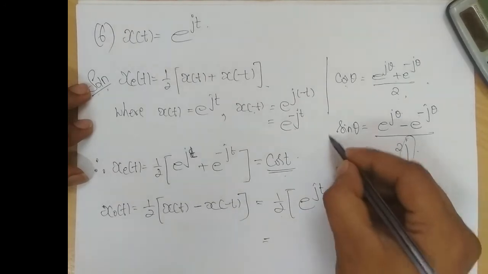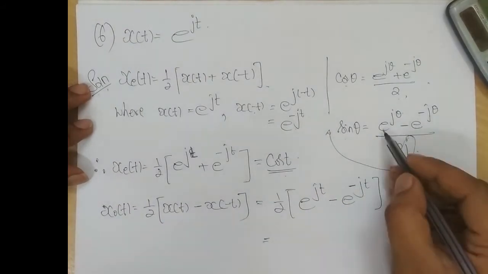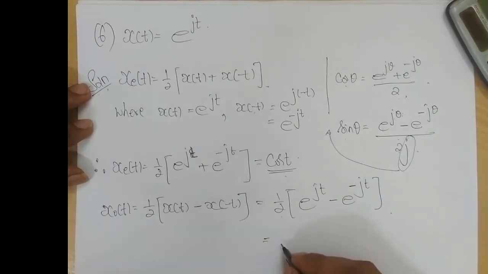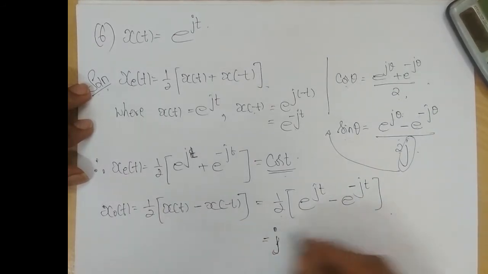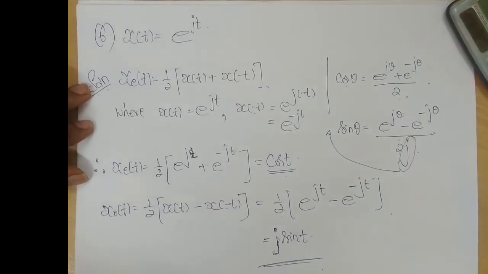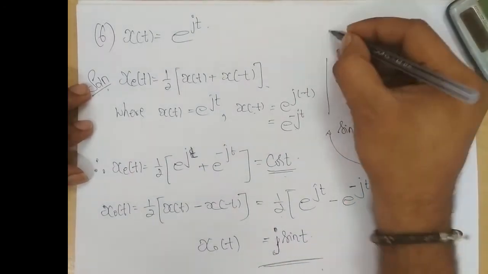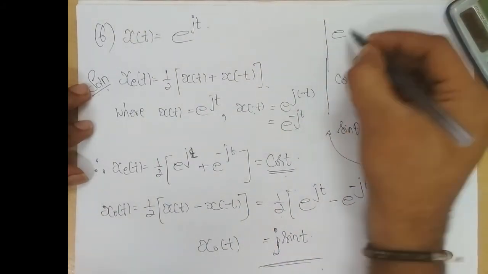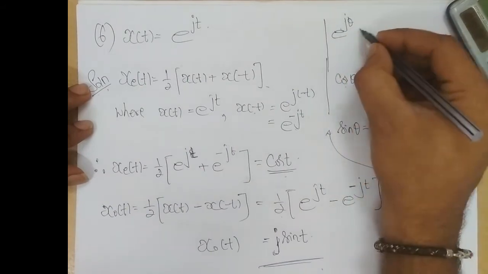If I take this j to the other side, I end up with e power j t minus e power minus j t by 2, right? So I can write it as j into sine of t, because this j comes to the other side. Okay? So this is the odd component, right? So you might know what e power j theta is in terms of sine and cos.